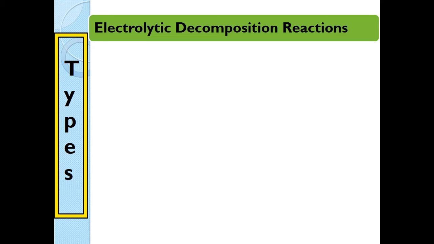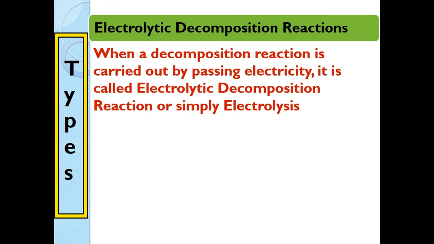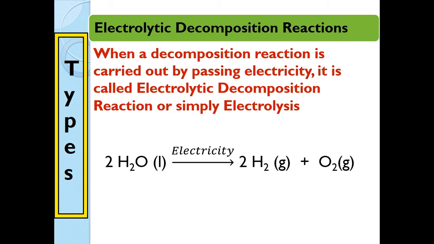Electrolytic decomposition reactions. When a decomposition reaction is carried out by passing electricity, it is called electrolytic decomposition reaction or simply electrolysis. For example, when we pass electricity through water, we get hydrogen gas at cathode and oxygen gas at anode.